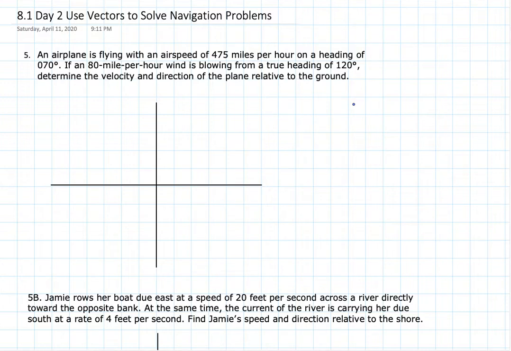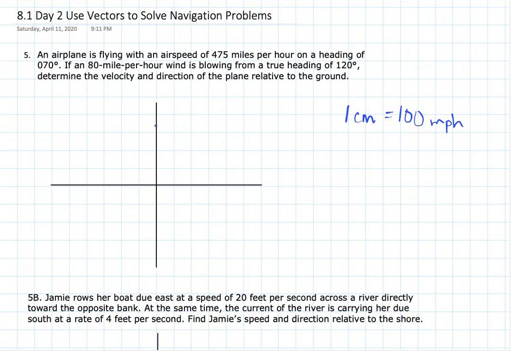Okay, well, I'm going to start drawing this out. And first, I think I'll just do a scale of 1 centimeter equals 100 miles per hour. Now, this doesn't have to be accurate at all because we're going to use trig to solve for exact numbers. But I will try to get it somewhat similar. So that has a true heading of 070.